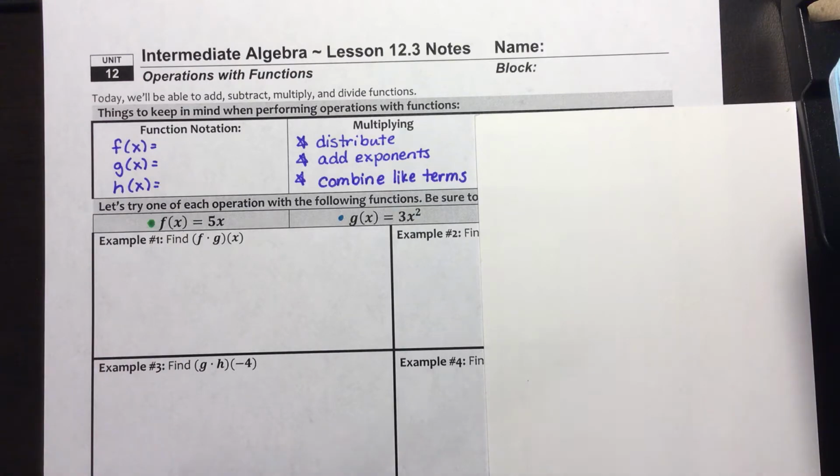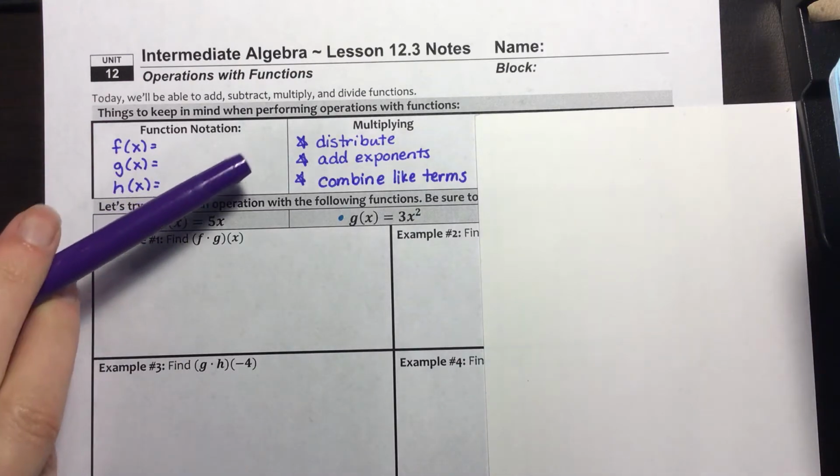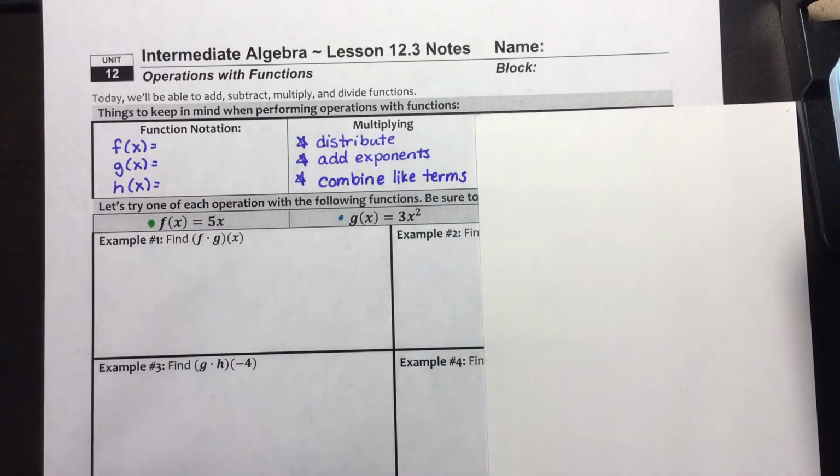After we distribute, we then want to combine like terms where the exponents match each other. So if they're like x squared and 5x squared, we can combine those together. Remember, when we combine like terms, we keep the exponents. So you distribute, you add the exponents. When you combine like terms, you keep your exponents.